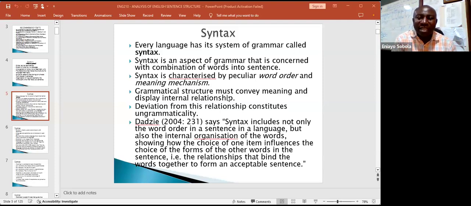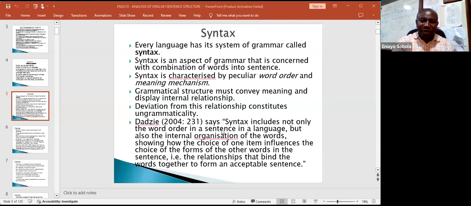That word order is observed in a sentence and in a language, meaning that every language has its own word order that you observe in the sentence of that language. But that's not the only meaning of syntax, but also the internal organization of the words.